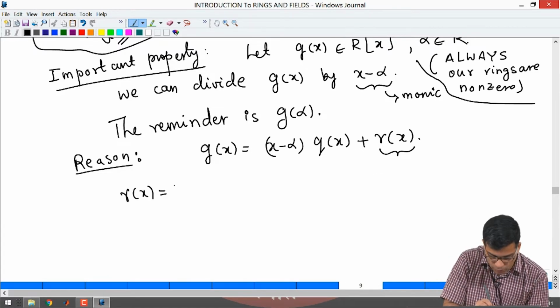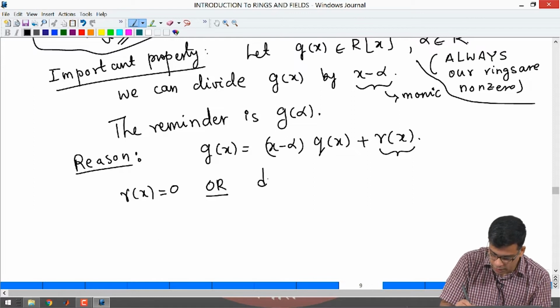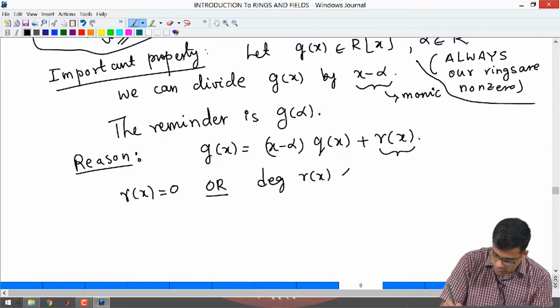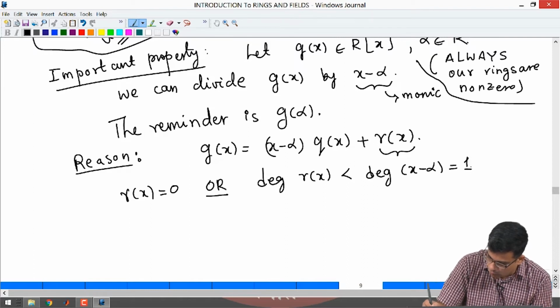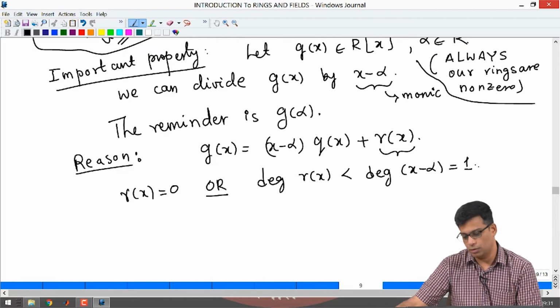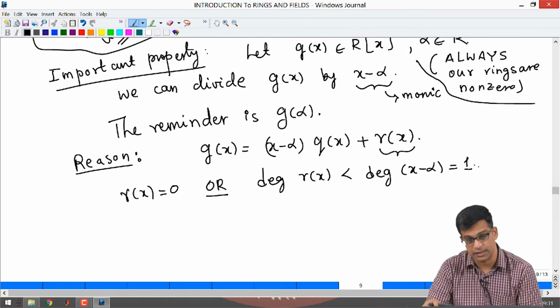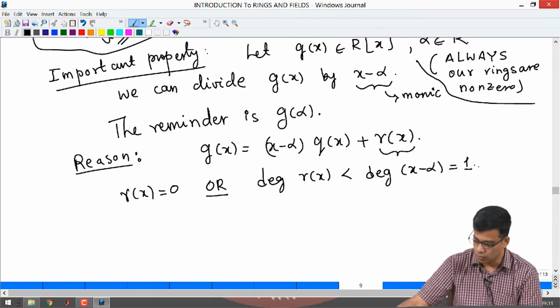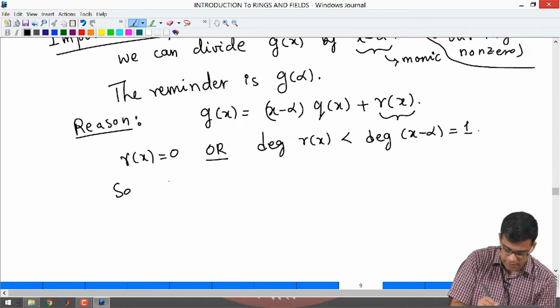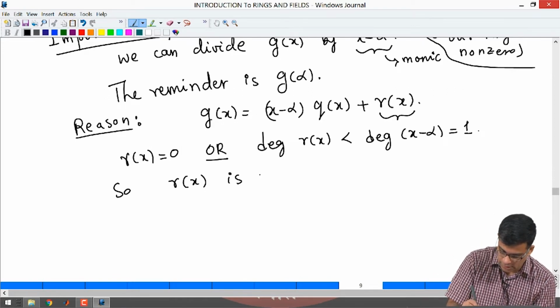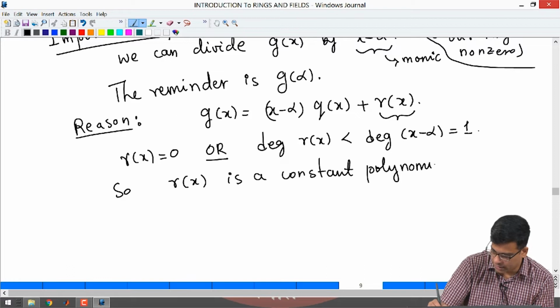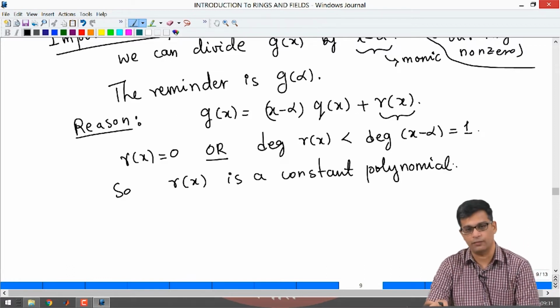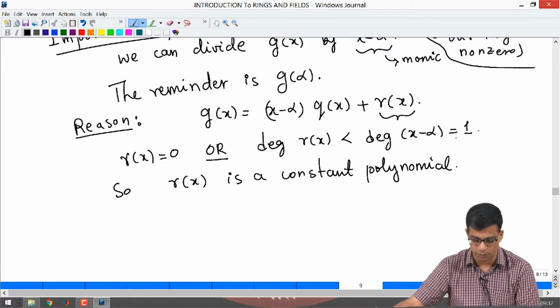The remainder is either 0 or the degree of the remainder is less than the degree of x minus alpha, which is 1. In other words, the degree of r(x) is strictly less than 1 or r(x) is 0. Either way, r(x) is a constant polynomial, because we are dividing by a degree 1 polynomial x minus alpha, so the remainder should be a constant polynomial.